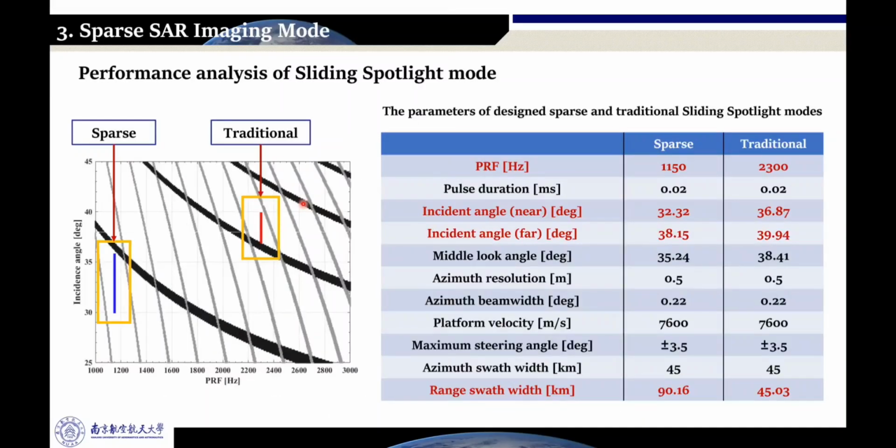Specifically, in the sliding spotlight mode, based on the result of beam position selection, we have designed the fundamental system parameters. The pulse repetition frequency (PRF) has been reduced to half of its original value.